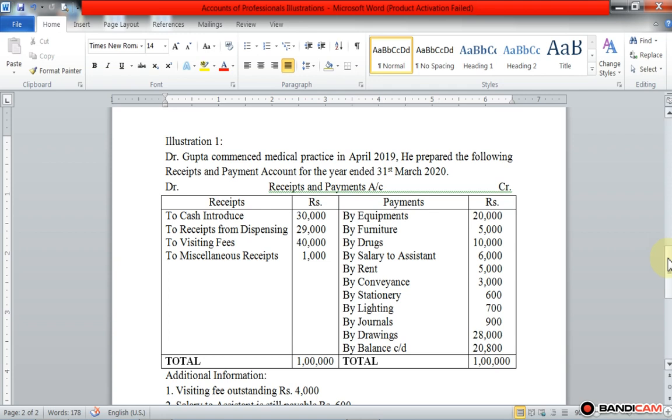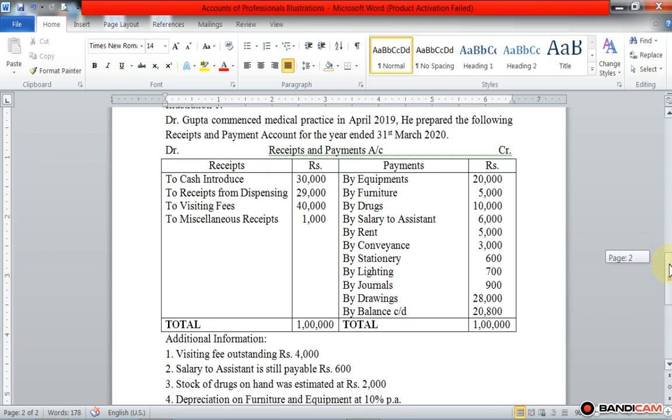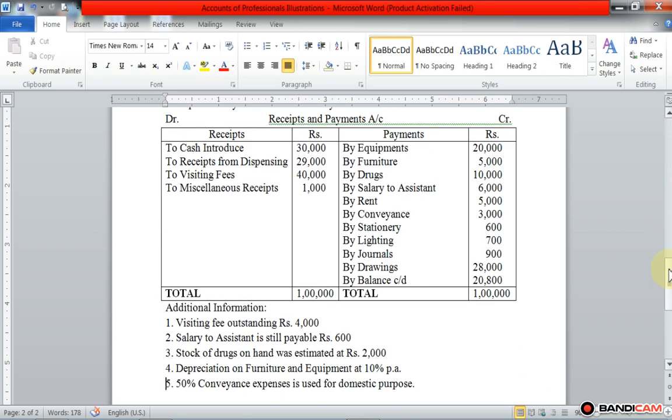Now read the additional information. First additional information is that fees outstanding amounted to rupees 4,000. We studied the effect of outstanding income. Outstanding income has four effects; while solving the problem we will discuss the four effects.